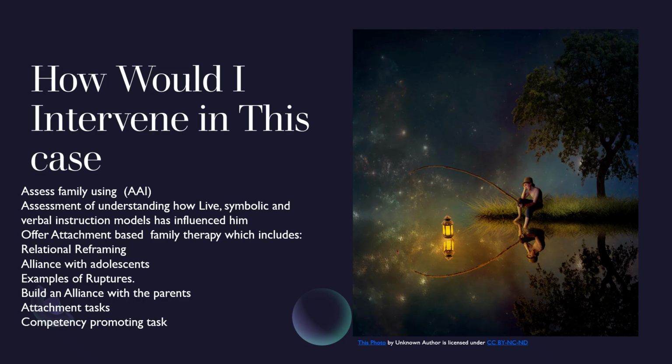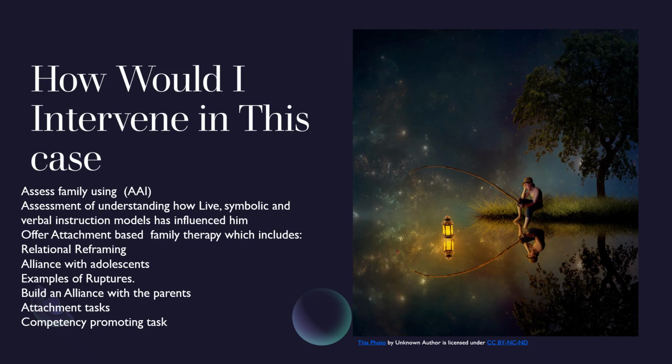Another essential goal is to understand why the adolescent does not turn to their parents for support and emphasize that meaningful change requires participation from everyone. We would then establish a treatment contract, ensuring that all family members agree on the structure and the goals of therapy. The overarching aim is to help the family build a more secure attachment relationship.